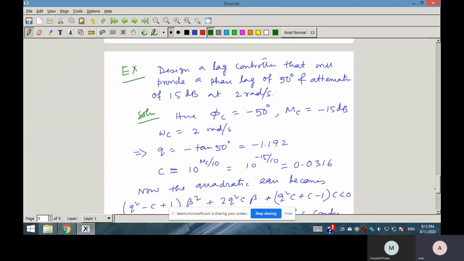Lag and lead are first order controllers. Lag-lead controllers are, of course, second order: first order for the lag part and first order for the lead. Low order controllers are easy to implement in an analog fashion. Nowadays, because of microprocessor based implementation, even very complex controllers can be implemented in a digital processor, but earlier those things were difficult.